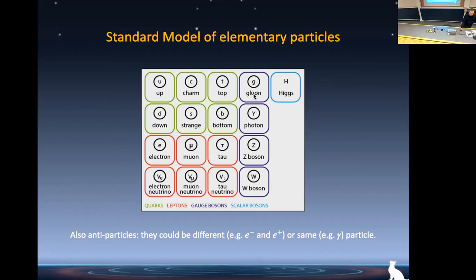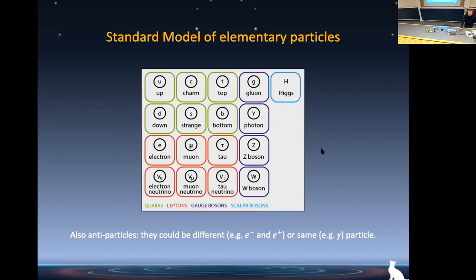This mediates the strong nuclear force. We have the photon. We know what it mediates: the electromagnetic force. We have the Z and the W bosons, W plus and W minus. These mediate the so-called weak force. We're going to find an example later with cobalt. And then the Higgs boson. We had a full lecture last time by Dima speaking about that.